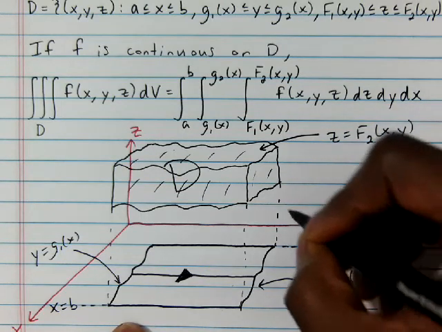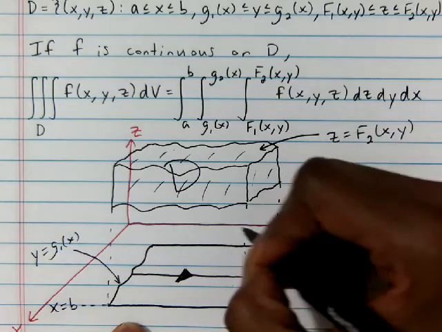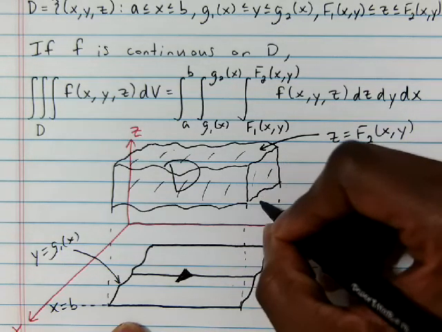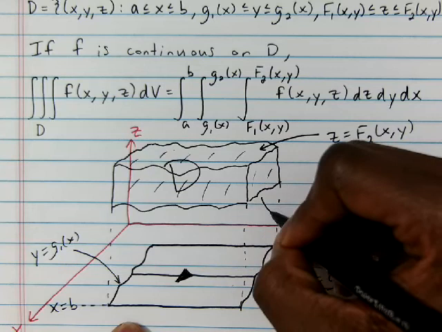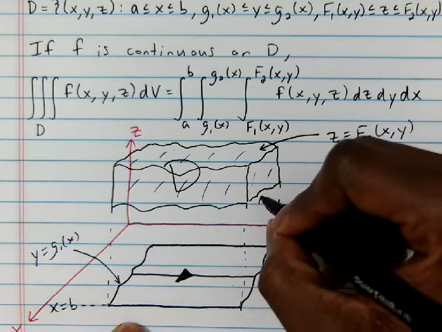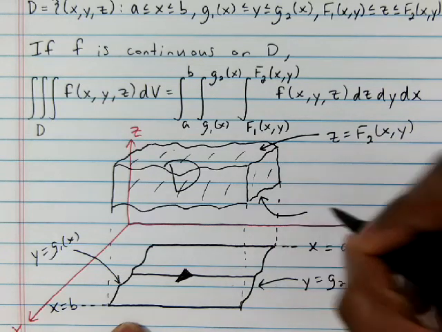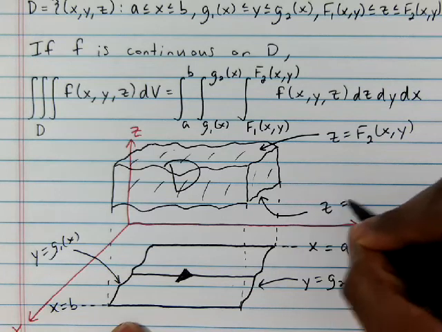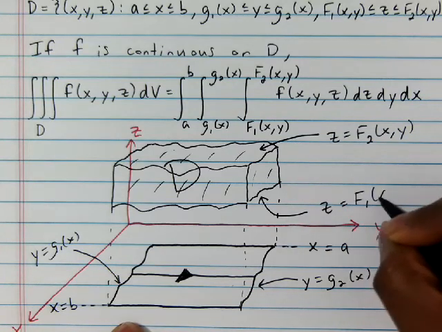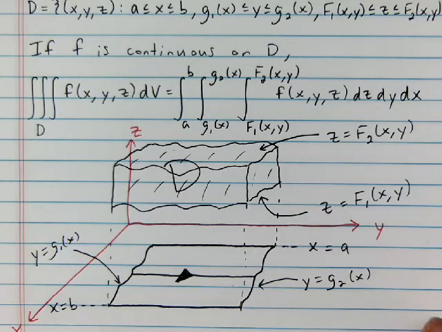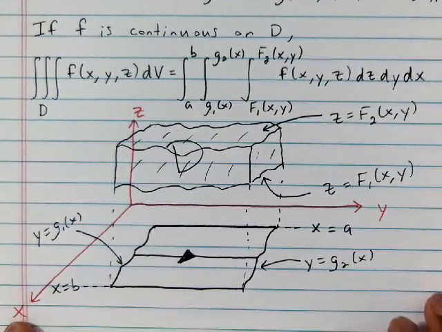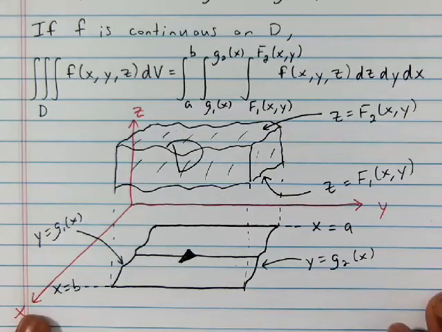And this bottom part of our region, let me do this, we'll just put an arrow kind of there. I'm not pointing at the side, we're pointing at the bottom. That is z equals f sub 1 of xy. So now I'm going to kind of use this picture to briefly explain what the 5 other types are.